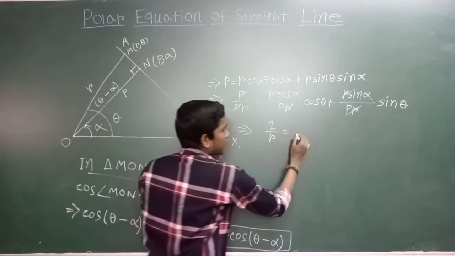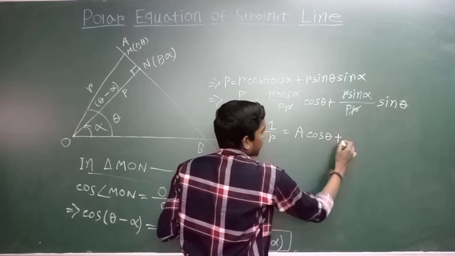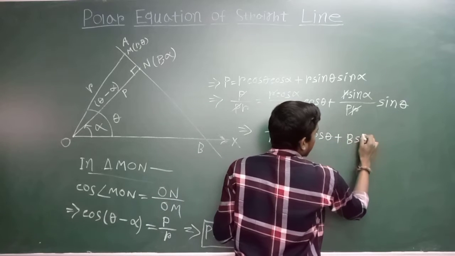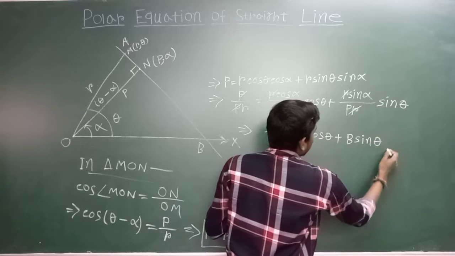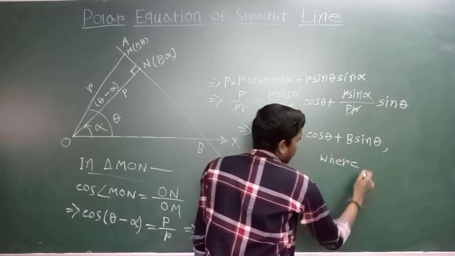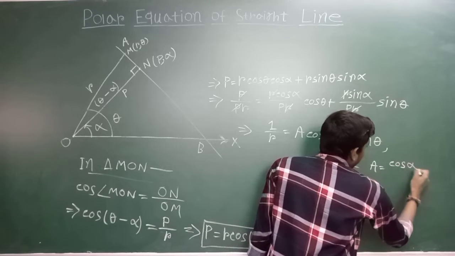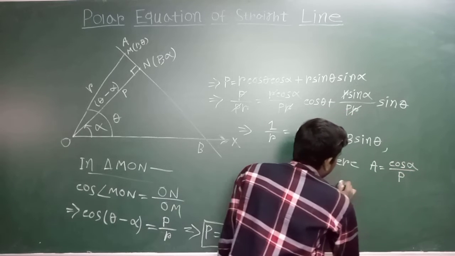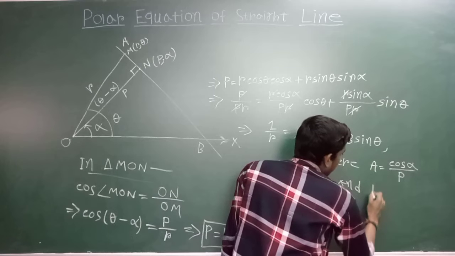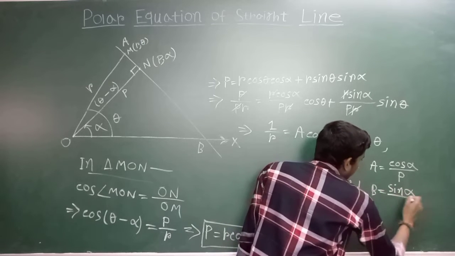So we can write this like this: A cos theta plus B sin theta, where A is equal to cos alpha by P and B is equal to sin alpha by P.